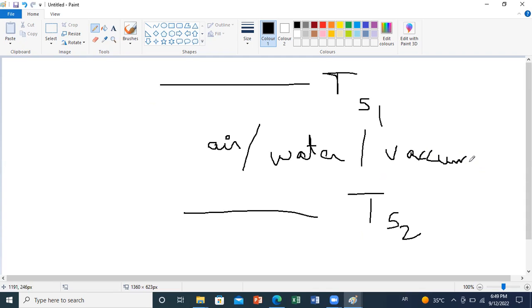Because the main mode of heat transfer by radiation is through electromagnetic waves, and the propagation of electromagnetic waves does not require a medium to be transferred from one surface to the other. So this is why we say that the radiation mode does not require a medium. It just takes place through exchange of electromagnetic waves.